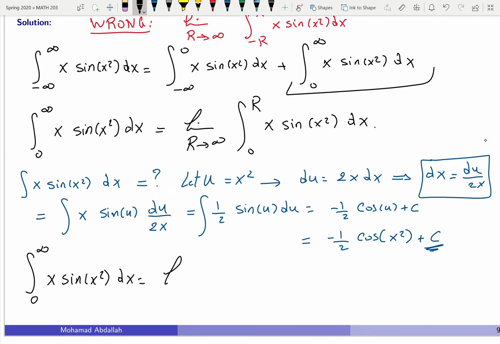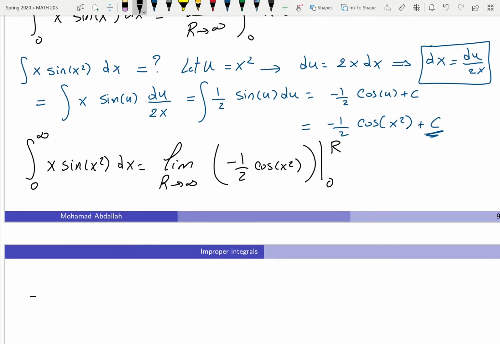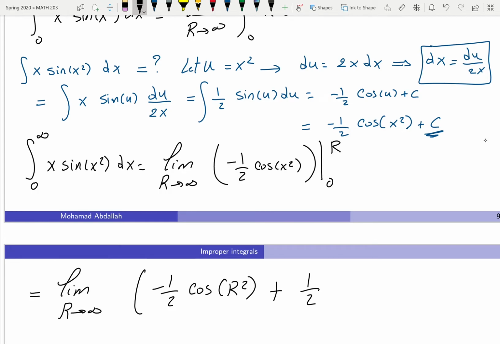This is the limit when r goes to infinity of negative 1/2 cosine of x squared between 0 and r. Now, this is equal to the limit when r approaches infinity of negative 1/2 cosine of r squared minus negative 1/2, so plus 1/2 cosine of 0 squared.